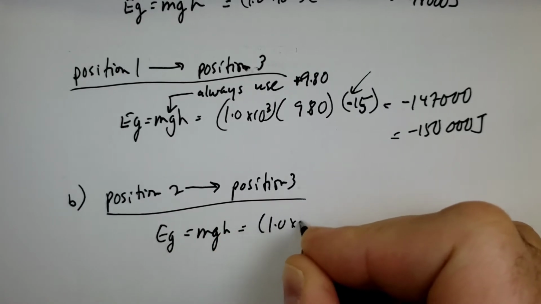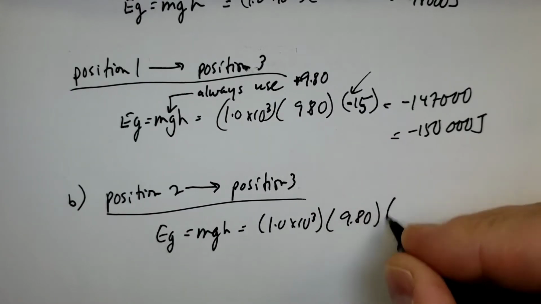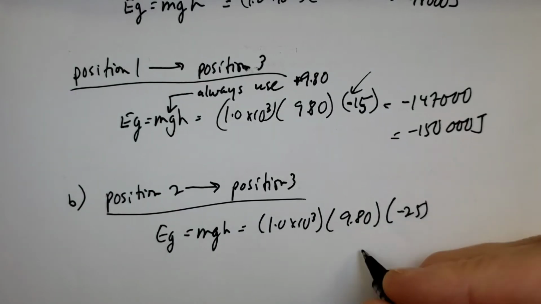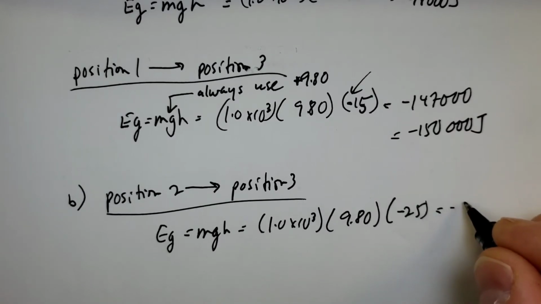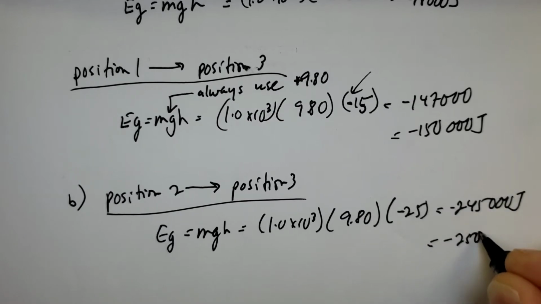So 1.0 times 10 to the 3, again 9.8 to the positive, and moving down negative 25. It's going to give us negative 255,000. Round that off to 2 sig figs. Negative 250,000.